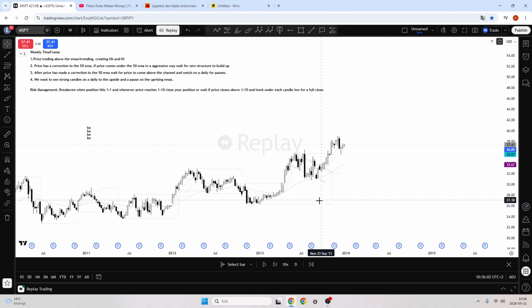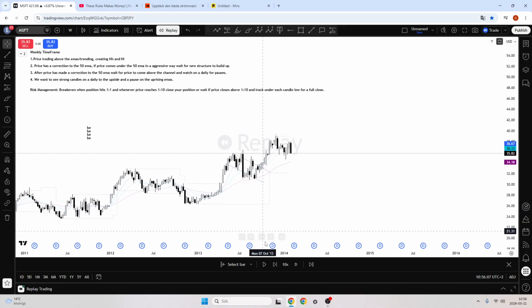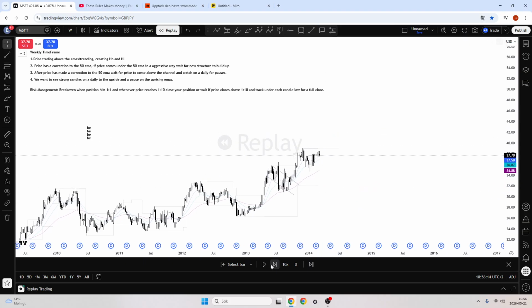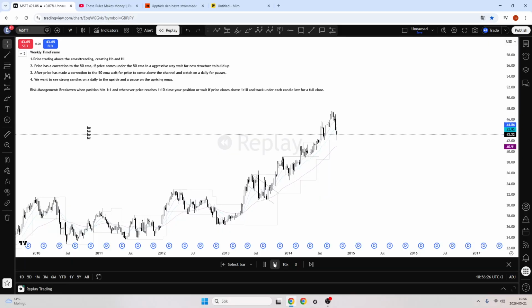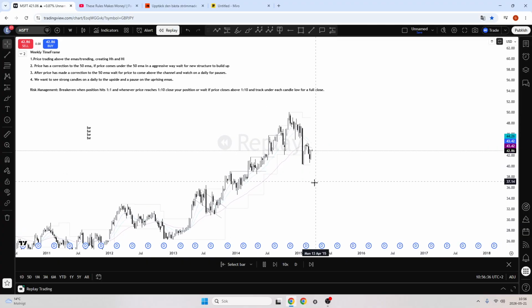Let's check the weekly here. This is a lot of opportunity as well inside of these areas, or just to buy stop this size or the range.